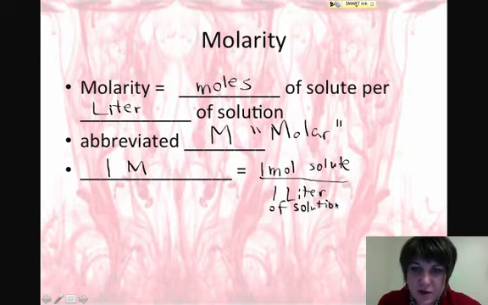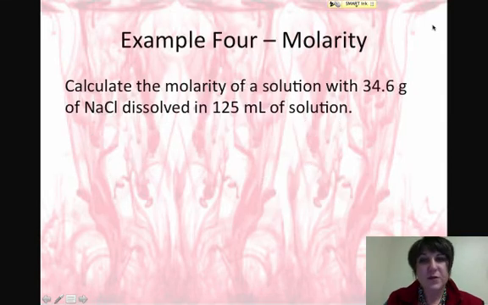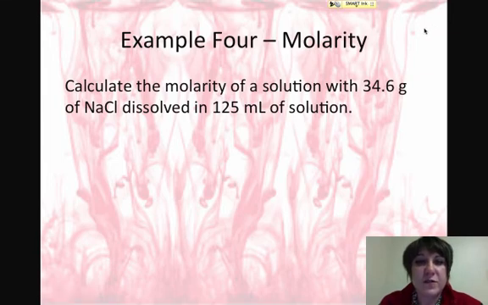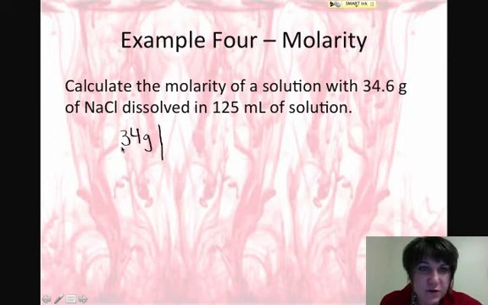And this is the unit that we'll be using the most in chemistry class. So let's work through a problem where we would have to solve for the molarity. This one asks us to calculate the molarity of a solution with 34.6 grams of sodium chloride dissolved in 125 milliliters of solution. So first I need to know how many moles of solute do we have.